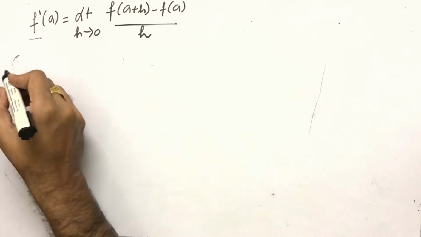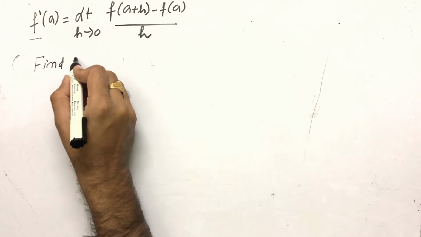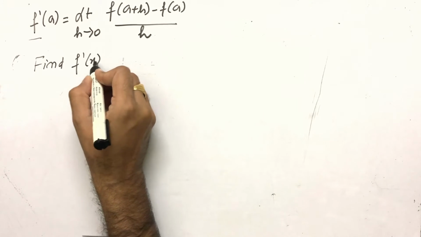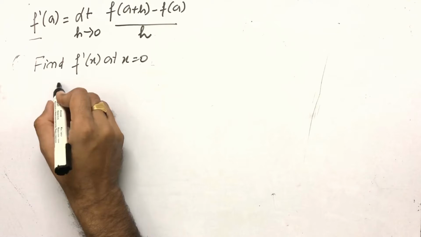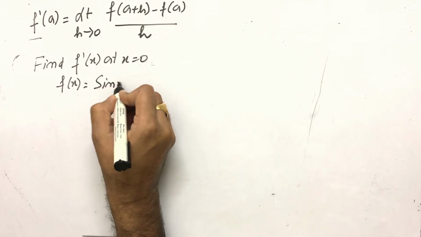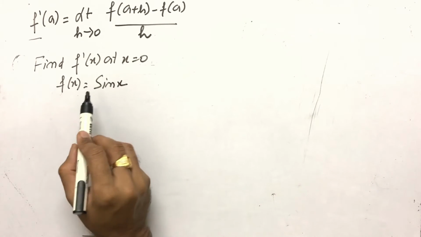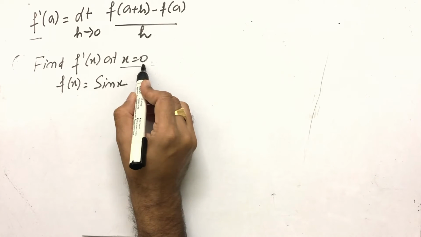Let us solve another numerical. Find f'(x) at x = 0, given f(x) = sin x. So what we have to calculate here? The derivative of sin x at x = 0.